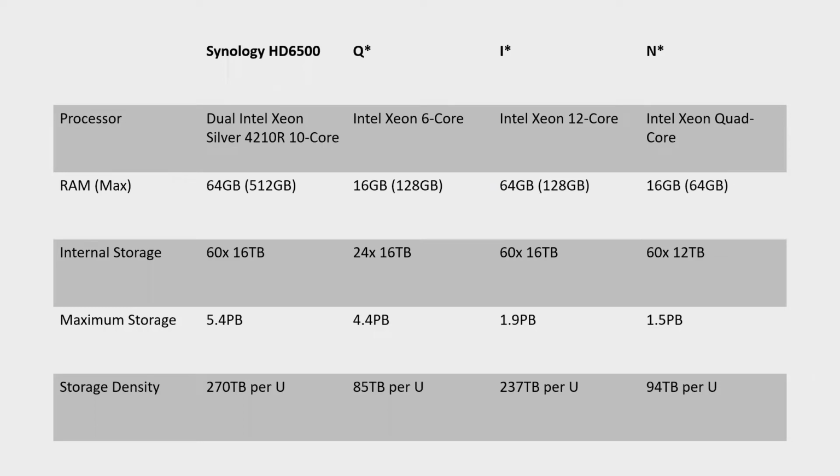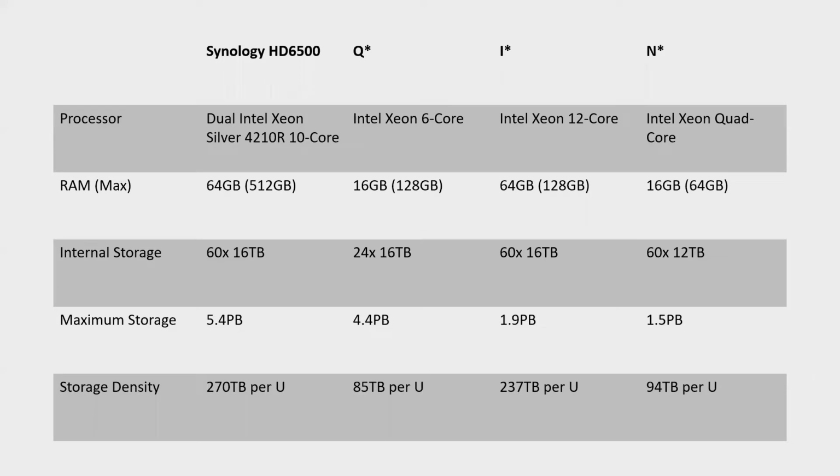So how does it fit alongside some of the other solutions that are already out on the market? Well, we've done a bit of a comparison here, and as you can see, the power of the system is absolutely insane compared to some of the other solutions.